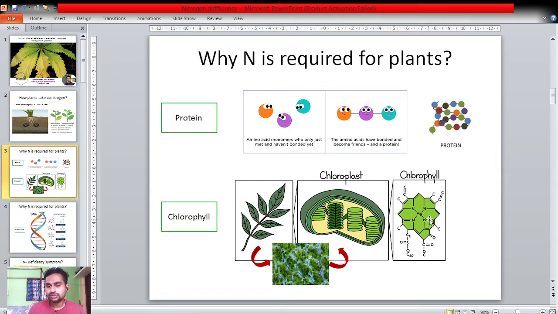In the middle there is magnesium, and the magnesium is bound to four nitrogens. This is a very important point on how nitrogen is utilized. So in chlorophyll we have the nitrogens, and they help in the process of photosynthesis.